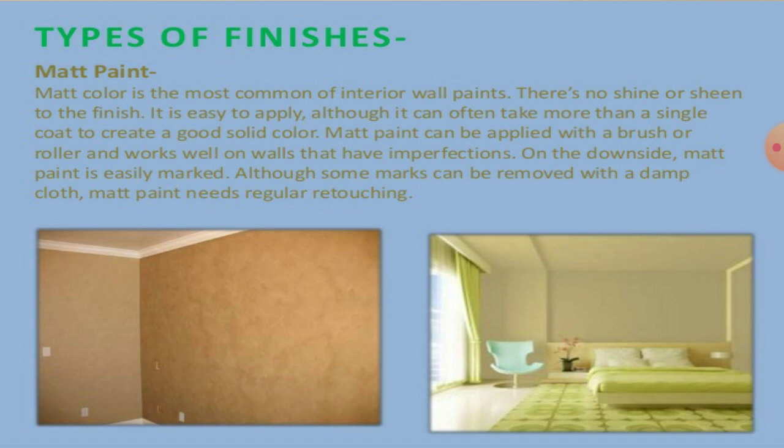This matte paint can be applied with a brush or roller and works well on walls that have imperfections. On the downside, matte paint is easily marked, although some marks can be removed with a damp cloth. Matte paint needs regular retouching.